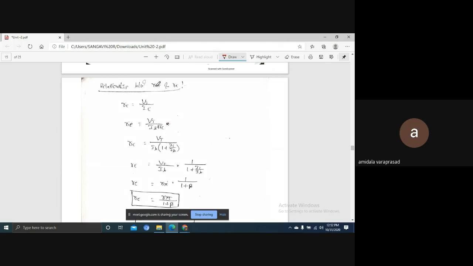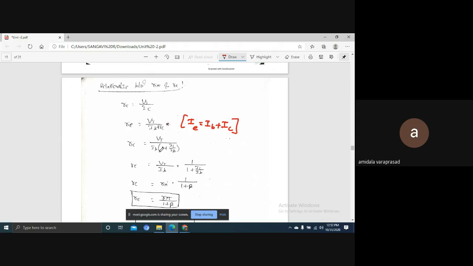Relationship between R pi and RE. RE is equal to VT by IE. In place of IE, the emitter current, I can write IB plus IC. IE is equal to IB plus IC.